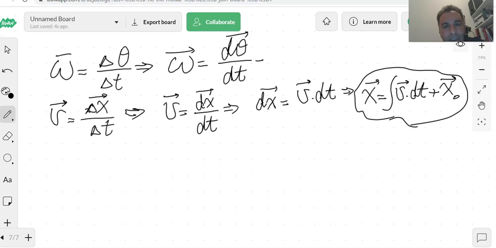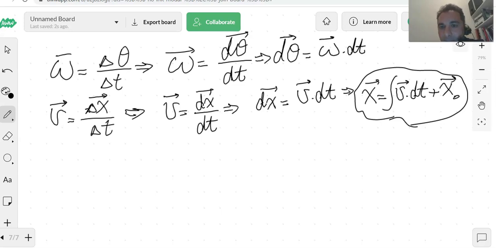So here, I can write d theta is omega dt, correct?